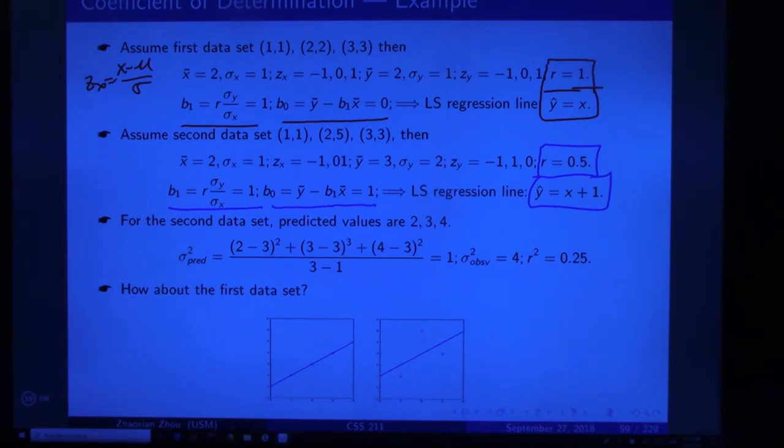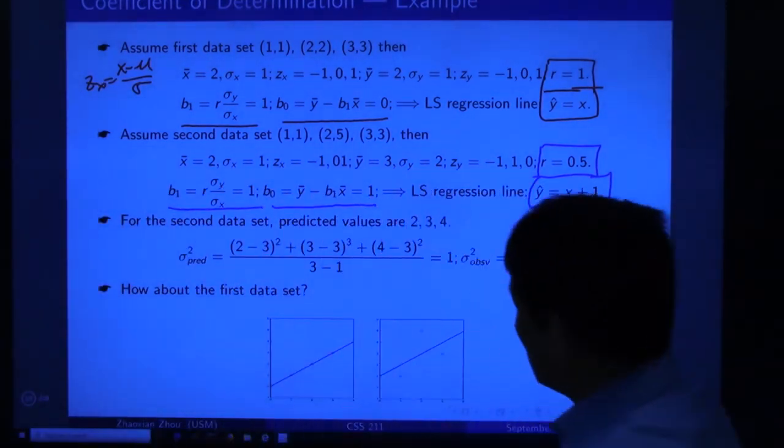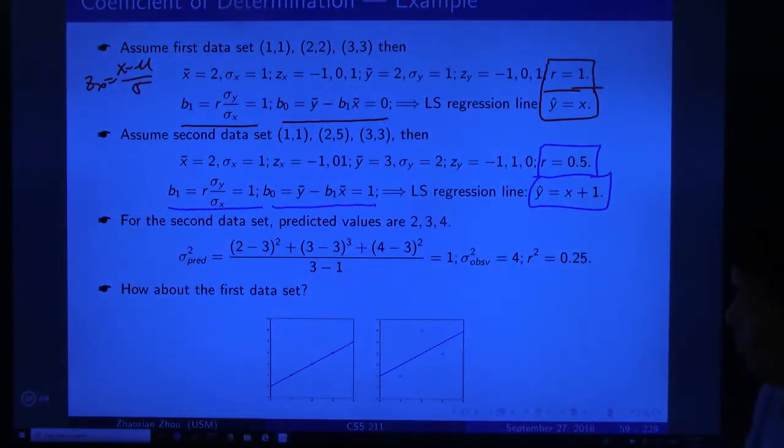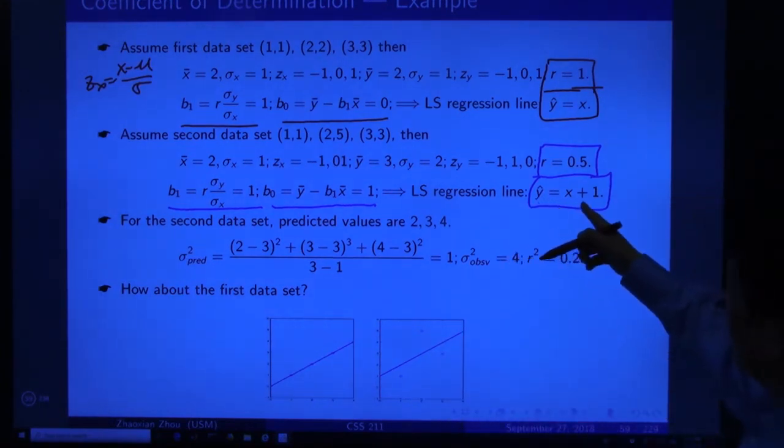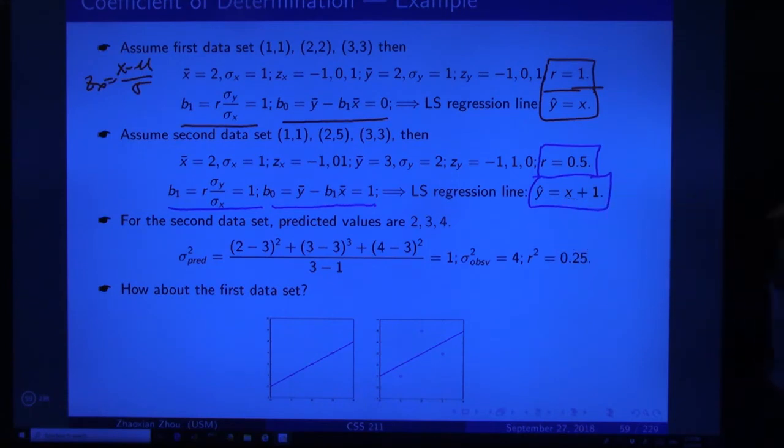Now let's look at the variance. Variance means standard deviation squared. The variance of the predicted values for the second data set. For the second data set, the line is y equals x plus 1.